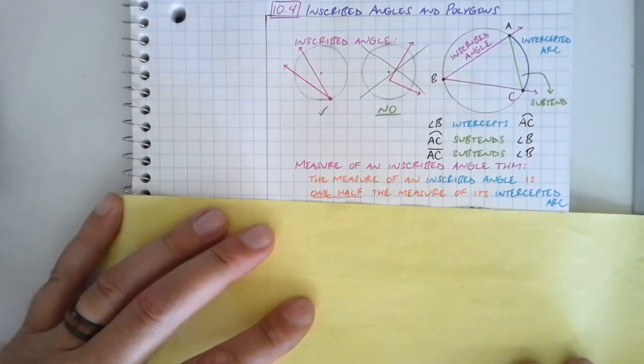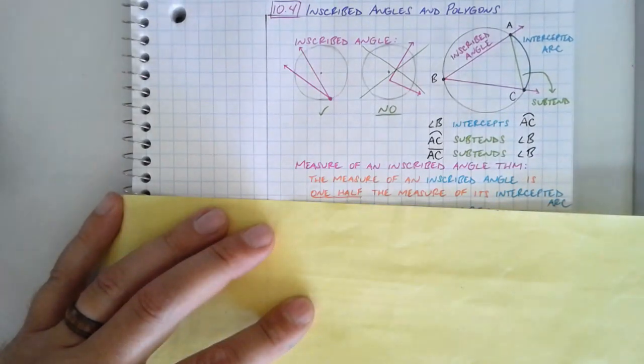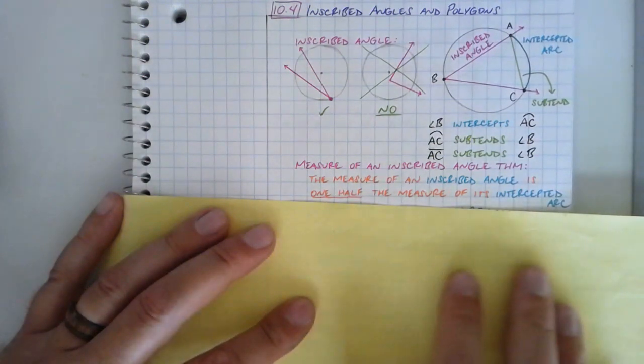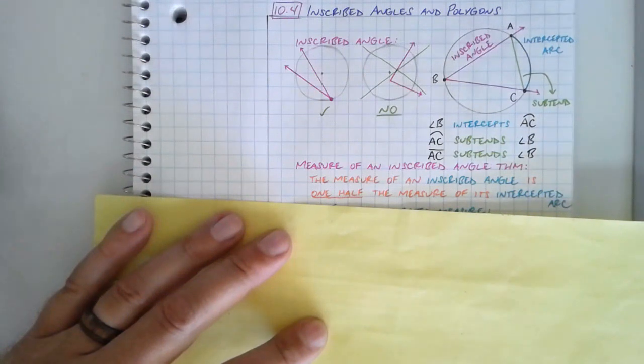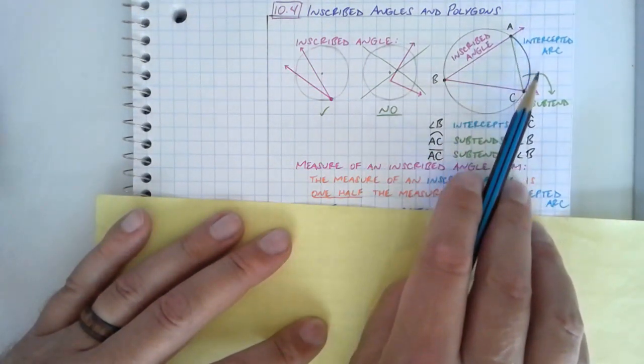The measure of an inscribed angle, which will be in degrees, it's an angle, is 1/2 the measure of its intercepted arc. To illustrate that with an example, let's say this intercepted arc here was 80 degrees.